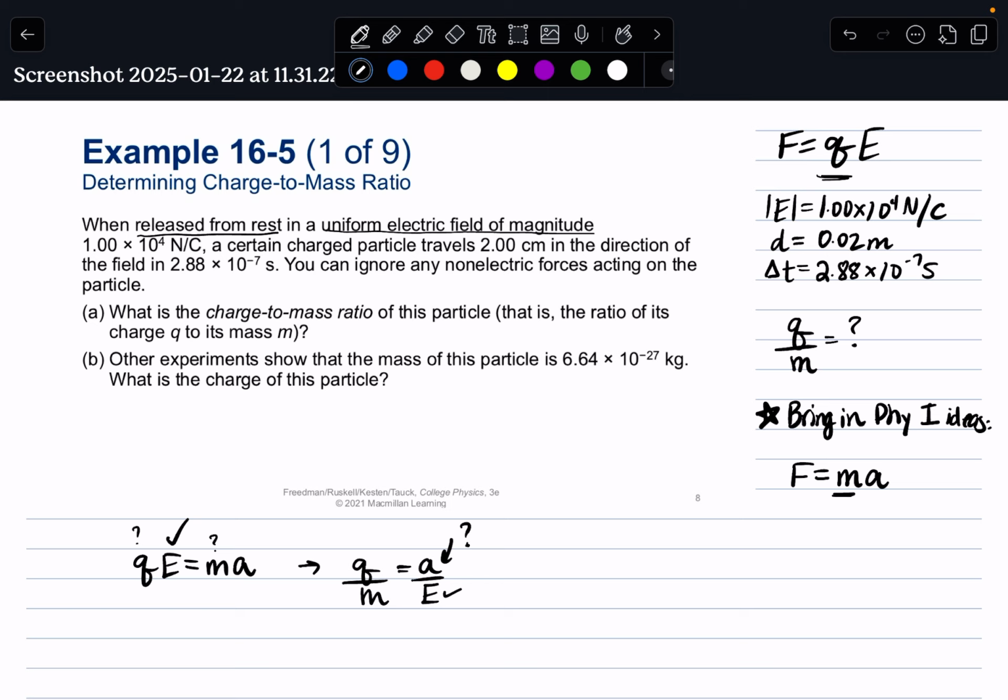We're going to need to bring in another aspect of Physics 1, which you may recall, kinematics. We're going to use the kinematic equation to find the acceleration. There were 3 kinematic equations that we used, and I'm going to tell you which one we will be using. V naught t. See if this looks familiar to you.